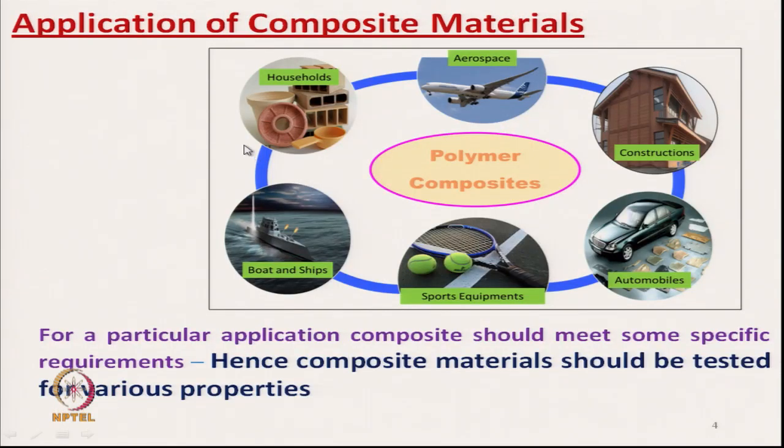So, there are various applications. Broadly, the major area of application is the aerospace industry, where fiber reinforced polymer composites are mainly used. In aerospace industry we use polymer composites like carbon fiber reinforced composites, which are very high strength and lighter in weight.